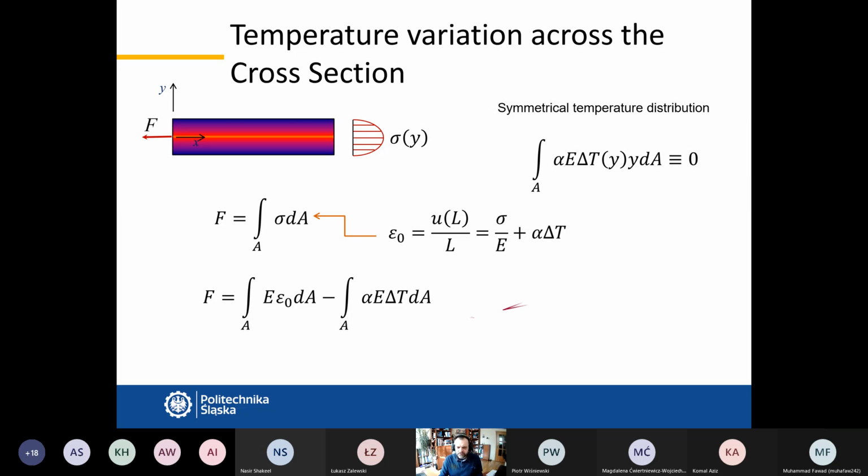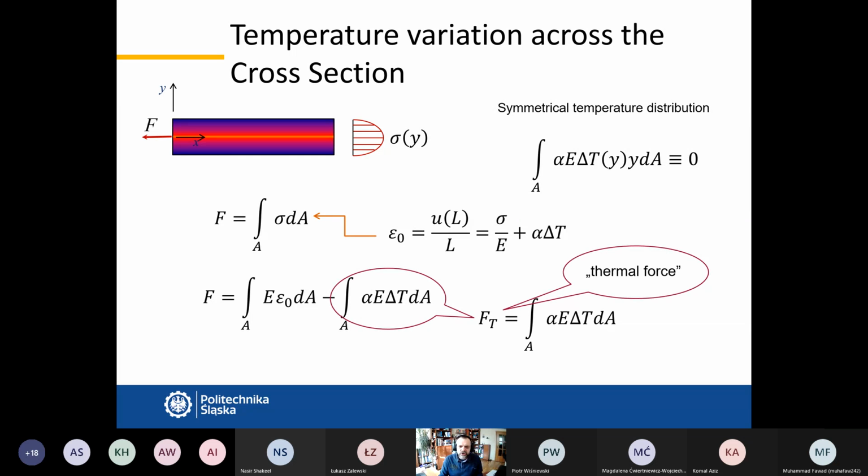And this factor, we will call it a thermal force, and it will be denoted by the letter F with index T, which means that this is a thermal force. This is, let's say, a force generated by the deformation of the body. And this is due to a different deformation of different parts of the body.